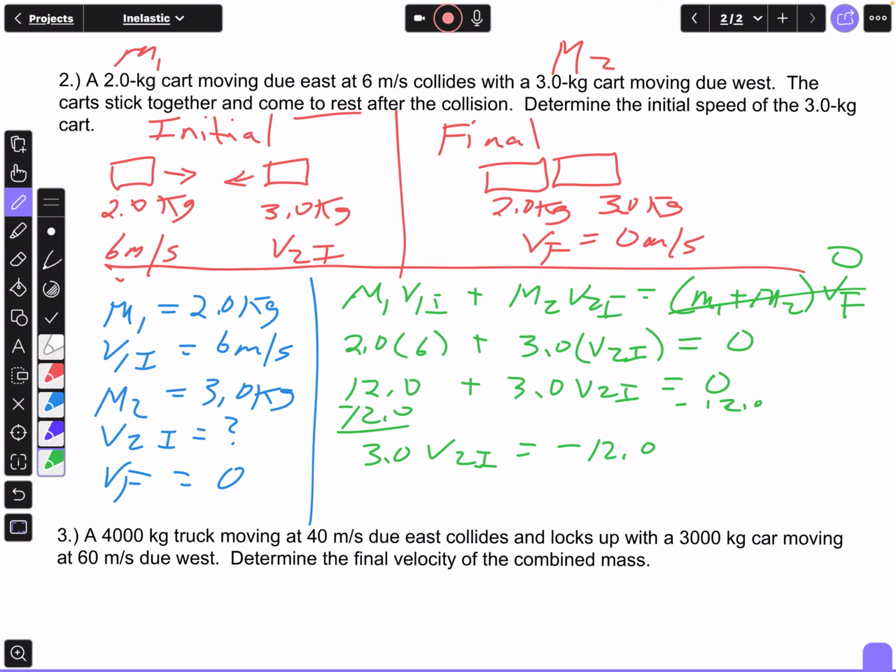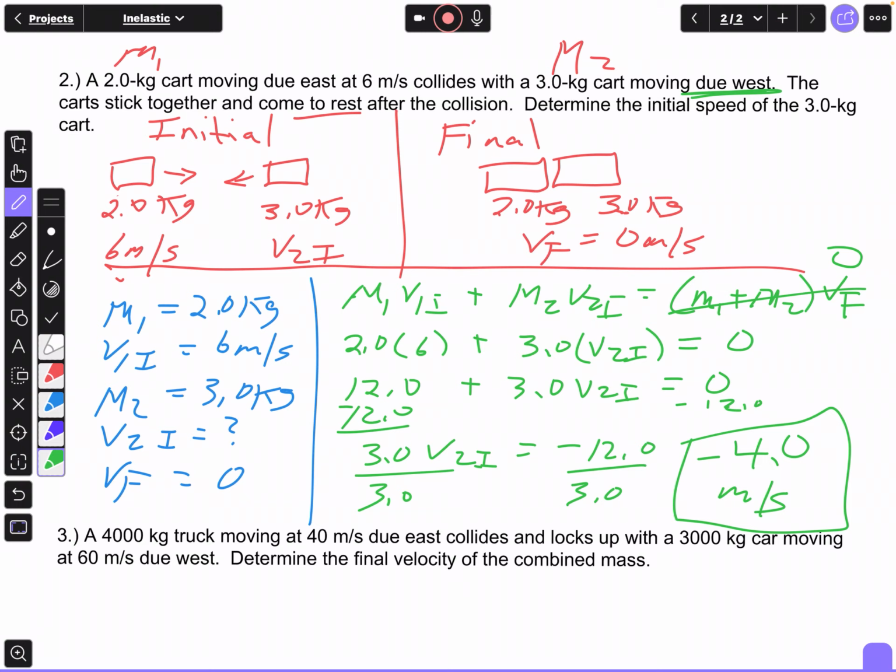Once I get to this, I divide both sides by 3.0 to solve for V2I. Negative 12.0 divided by 3.0, my answer would be negative 4.0 meters per second. Now that negative just tells me it's moving west, and in the problem it told me that it was going to be moving due west. So I should have gotten a negative velocity, and I did when I solved for this. So after they stick together, they'll be moving west 4.0 meters per second.